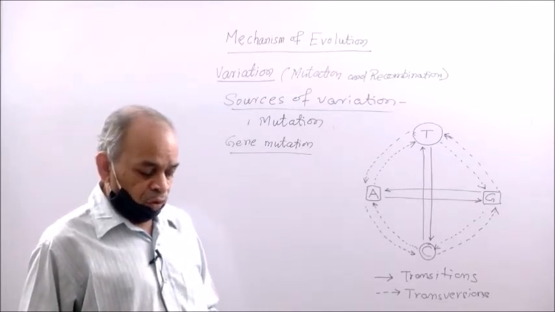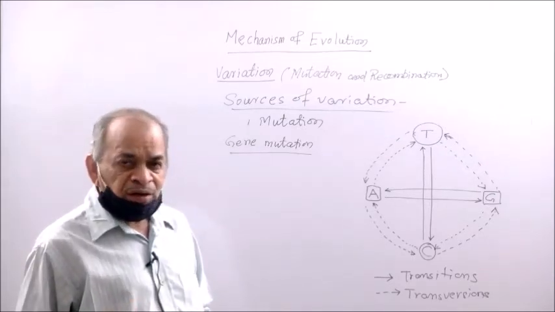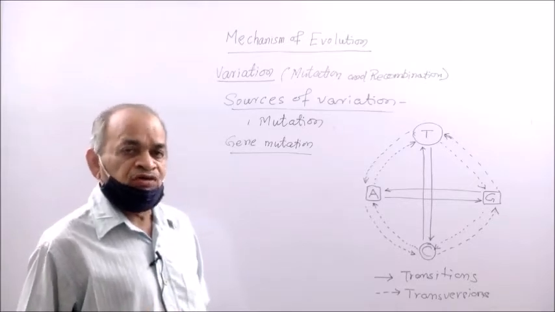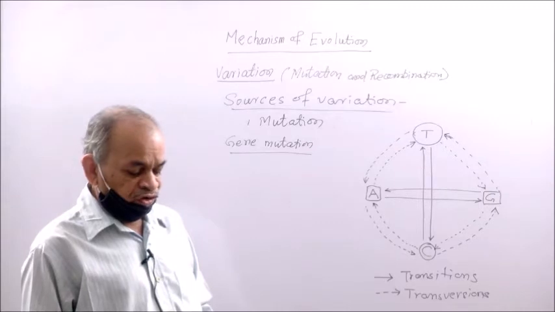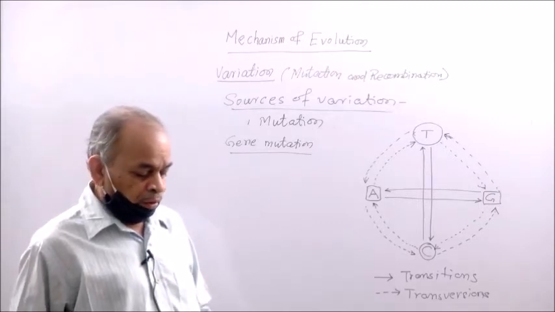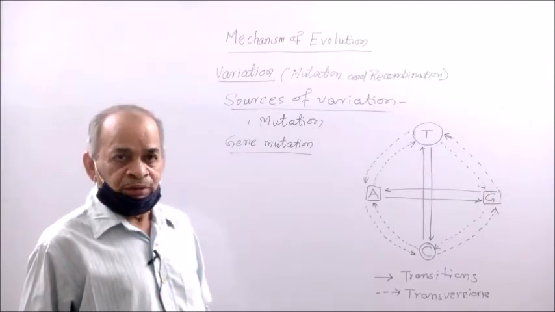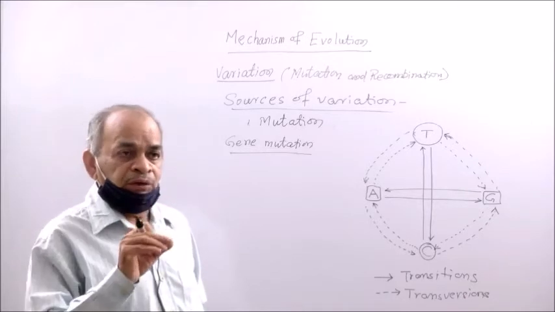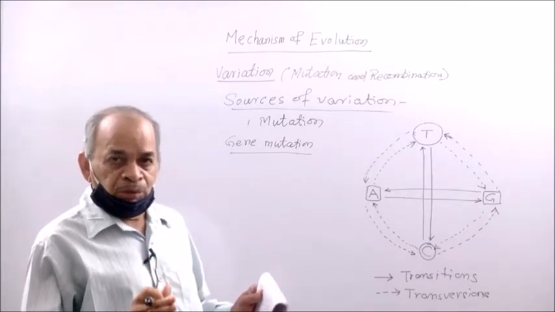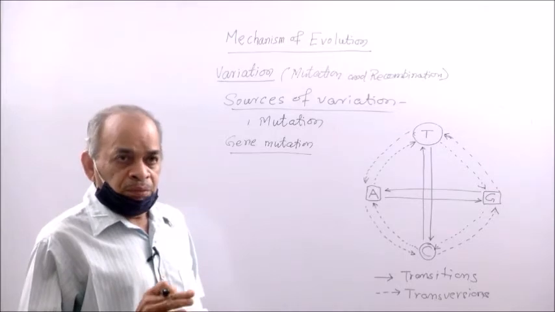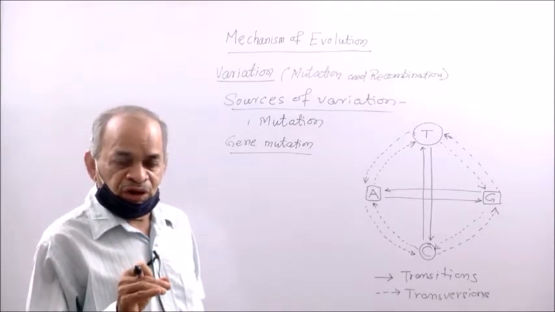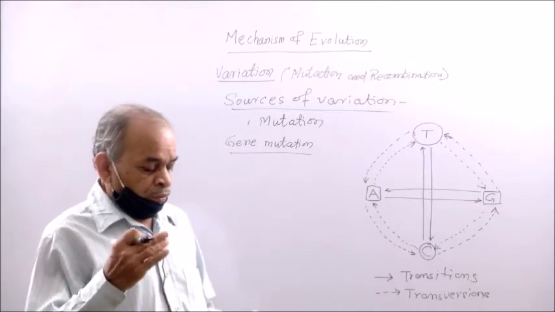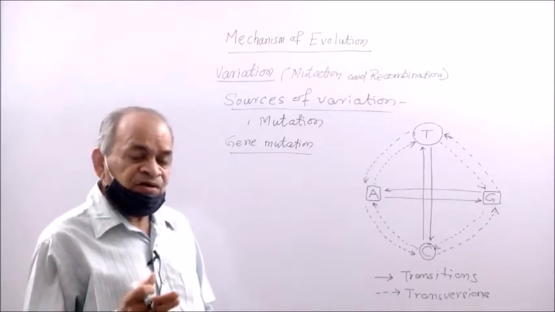Hence, gene mutation is also called point mutation. Point mutations may occur by base substitution, because DNA is a double nucleotide chain, and each nucleotide possesses nitrogen bases.